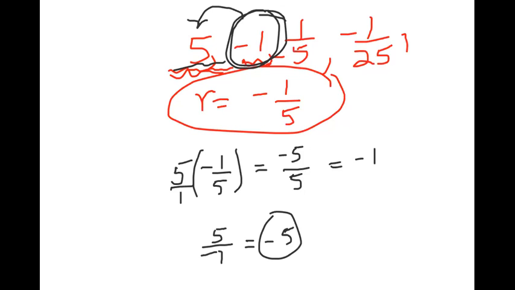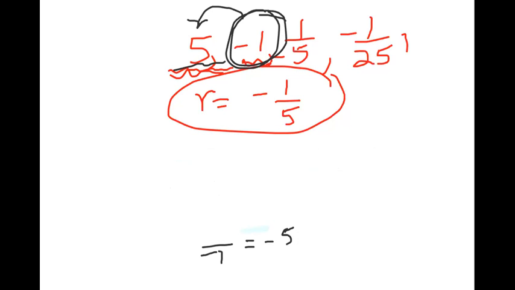Okay. So to find the next number, I would have to do -1/5 times -1/5. Remember, this is still multiplication. So to find the next one, this is the last number in the sequence right here, the -1/25, and you multiply it by the common ratio.